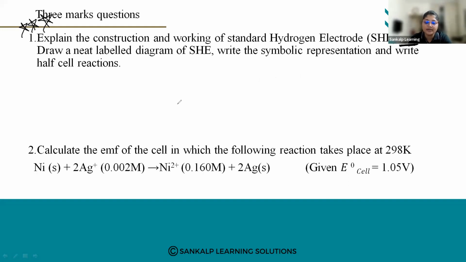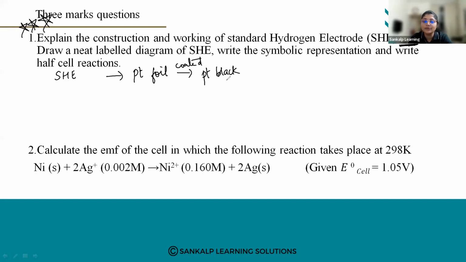So how do you write this? You need to mention that the SHE consists of a platinum foil, which is coated with platinum black.